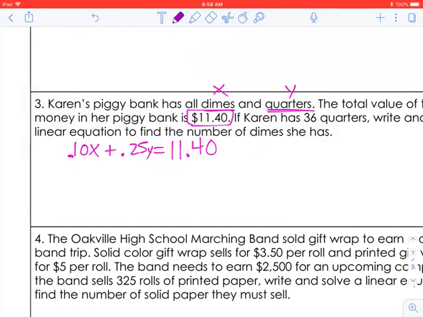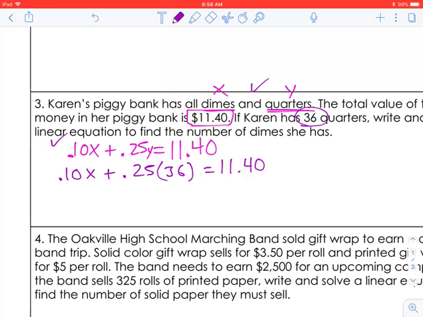There's my setup: variables up here and equation set up. Now I can plug in how many quarters I have, which is 36. So I have 0.10x plus 0.25 times 36 equals 11.40.